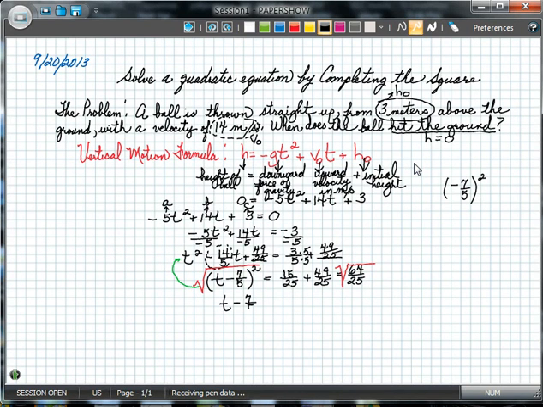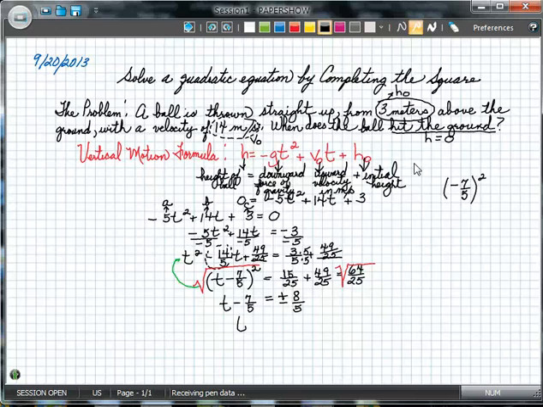Note the square root gets rid of the square. And we get plus or minus. The square root of 64 is 8. The square root of 25 is 5. We now are set up to get two solutions.